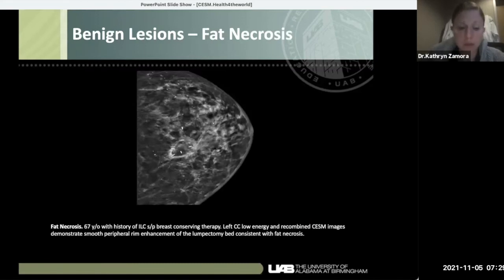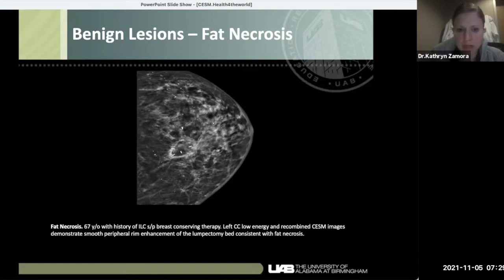Fat necrosis, the great mimicker, can also enhance, and it will enhance on contrast enhanced mammography as well. Here we have a 67-year-old woman with a history of invasive lobular carcinoma, status post breast conserving therapy.